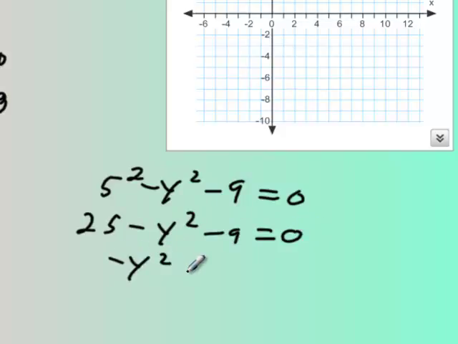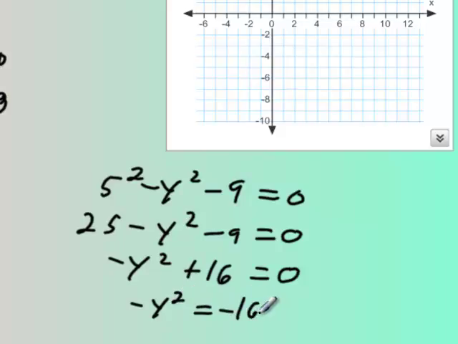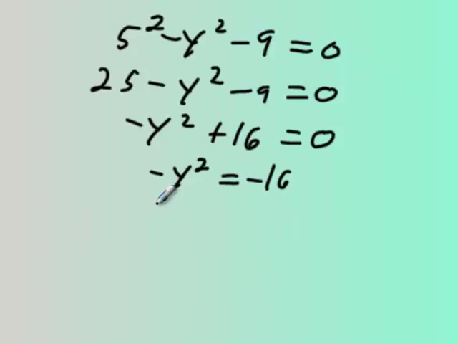Then we can simplify that to negative y squared plus 16 equals 0. Thus, negative y squared is equal to negative 16. Then we'll take care of the negative on the y squared by dividing both sides by negative 1, which leaves us with y squared equals 16.